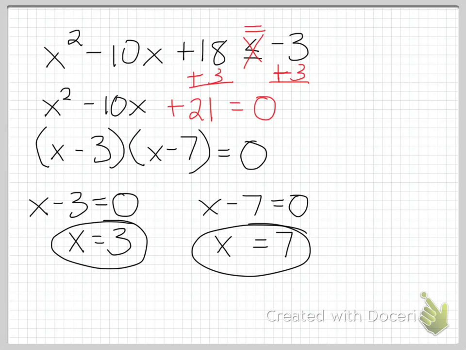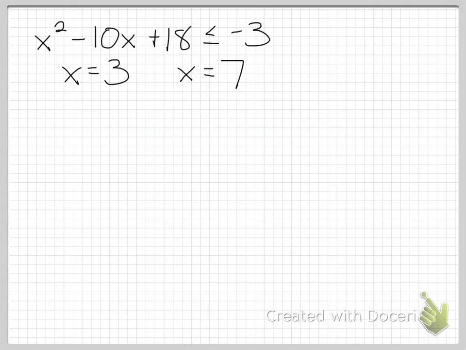However, keep in mind, this is not actually an equation. I have to solve it using the equation methods that we've already done, and then take it back to considering the inequality. So now when I go back to the inequality form, x equals 3 and x equals 7 would be considered my critical points.